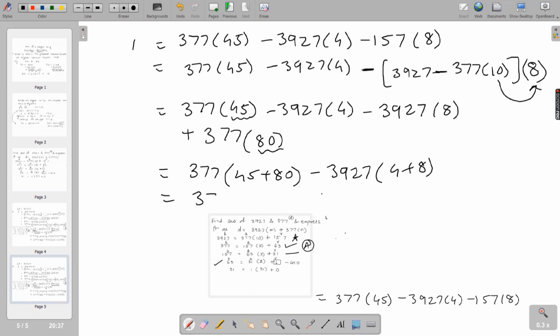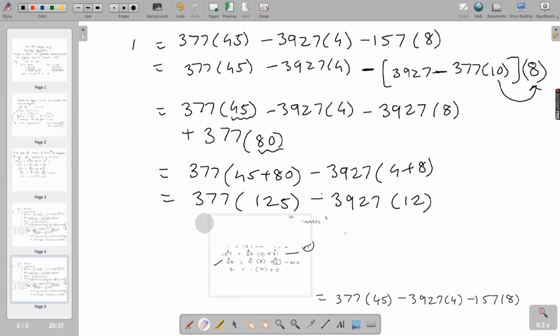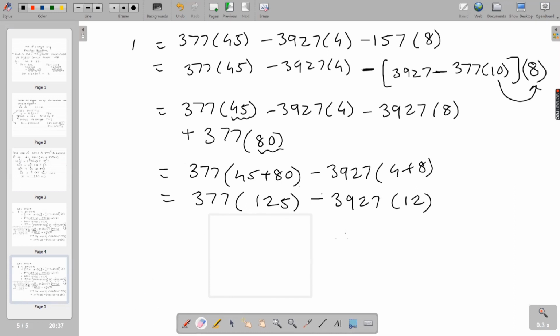So that becomes 377 into 125 minus 3927 into 12. So if I want to write 3927 first, then it will become 3927 into minus 12 plus 377 into 125.